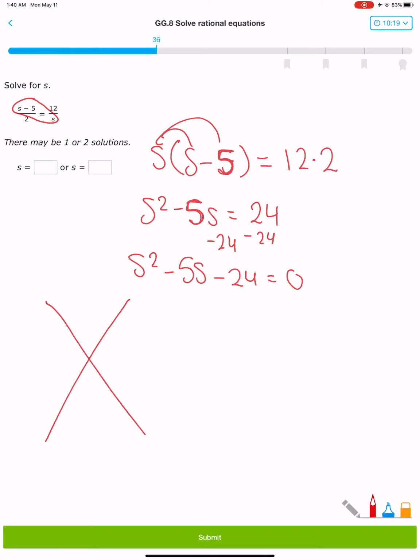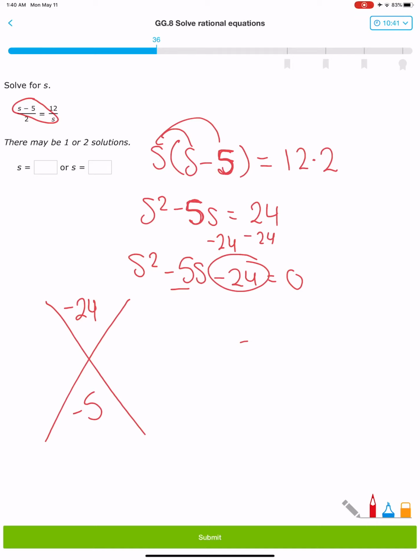On the top, I am going to put the number negative 24, so this number right here, and on the bottom, we're going to put the negative 5. Okay, what two numbers multiply to give you negative 24 and add to give you negative 5? Let's think of our numbers that could possibly work.